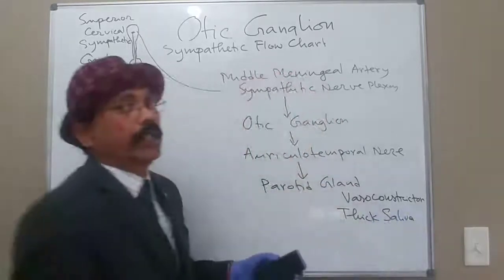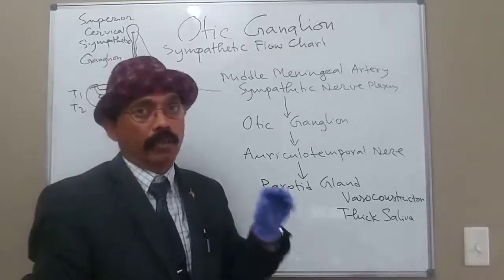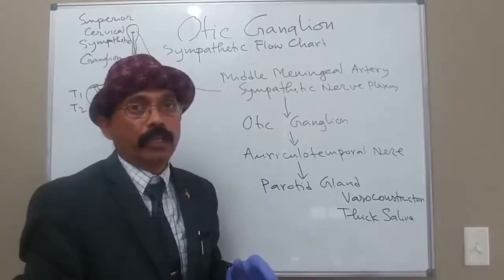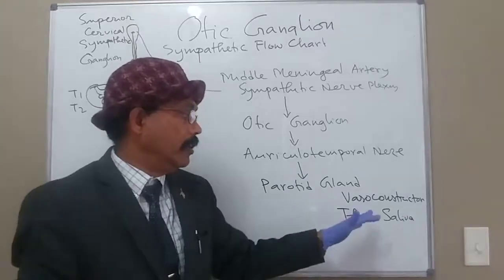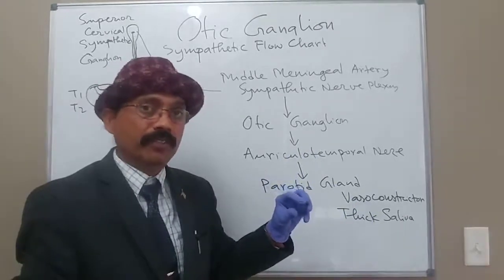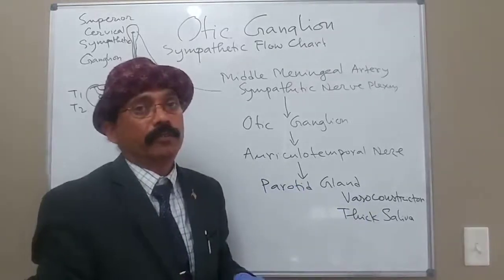Okay, like that, the parasympathetic stimulation will cause watery and profuse salivary secretion from the parotid gland. Due to sympathetic stimulation, the saliva amount will be decreased, it will be thick, it will be concentrated because of vasoconstriction.